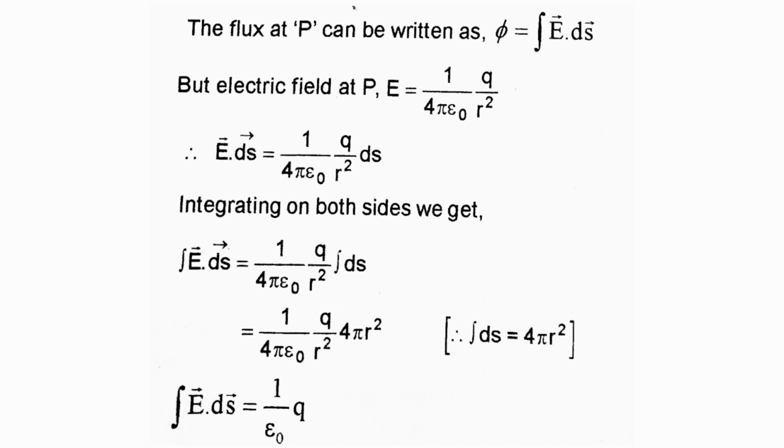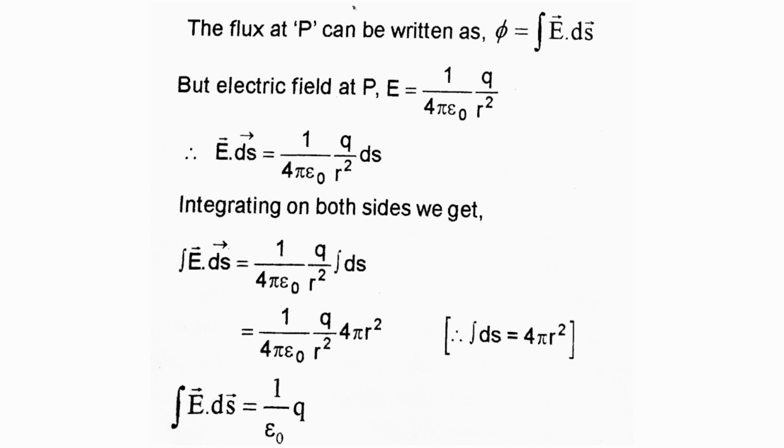Now we can integrate on both sides, then only we will get the total electric flux. So integral E ds is equal to 1 by 4 pi epsilon 0 q by r square integral ds. Now integral ds is 4 pi r square, when we are taking the whole surface.